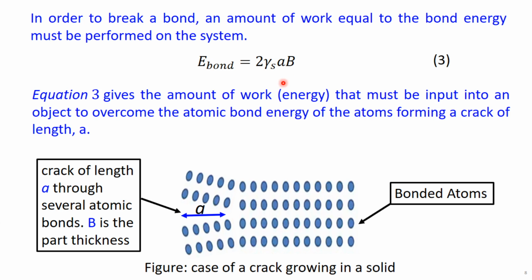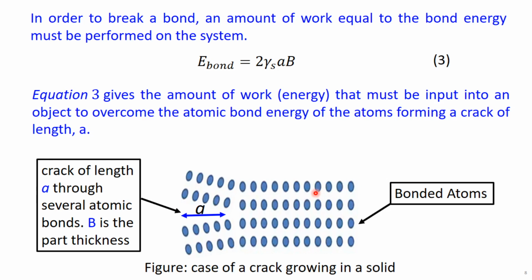In order to understand equation 3, let us have a look at this diagram, which is a case of a crack growing in a solid. You can see there is a crack growing in this solid material having length A. We have an arrangement of atoms represented by bluish balls.